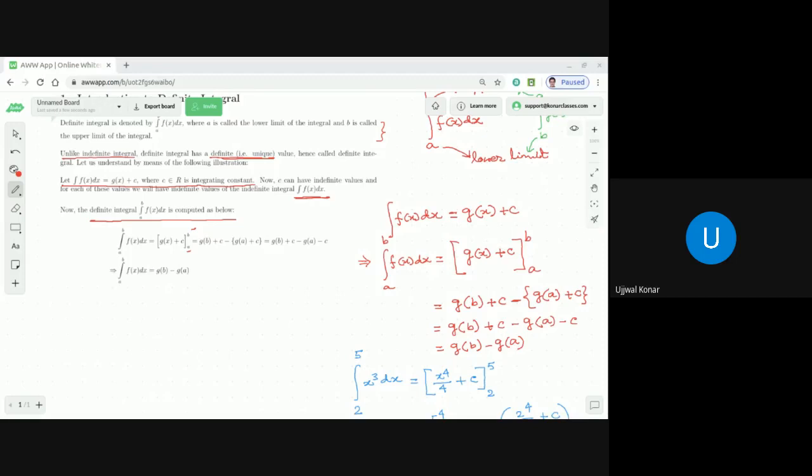So we observe that the definite integral from a to b of f(x) dx has a definite, or at least unique value, g(b) minus g(a), and hence we say this is a definite integration. Absolutely clear, dear students? Any doubt? Absolutely clear? Yes. Okay, great.